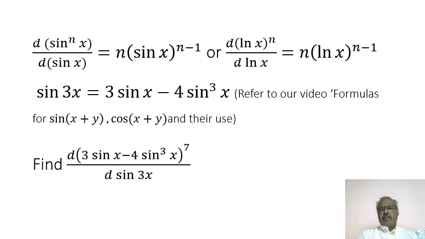So if we apply the standard derivative of d(x^n)/dx equal to n x raised to n minus 1, we will be able to get d(sine^n x)/d(sine x) equals n times sine x raised to n minus 1, which is the same as n times sine raised to n minus 1 x.